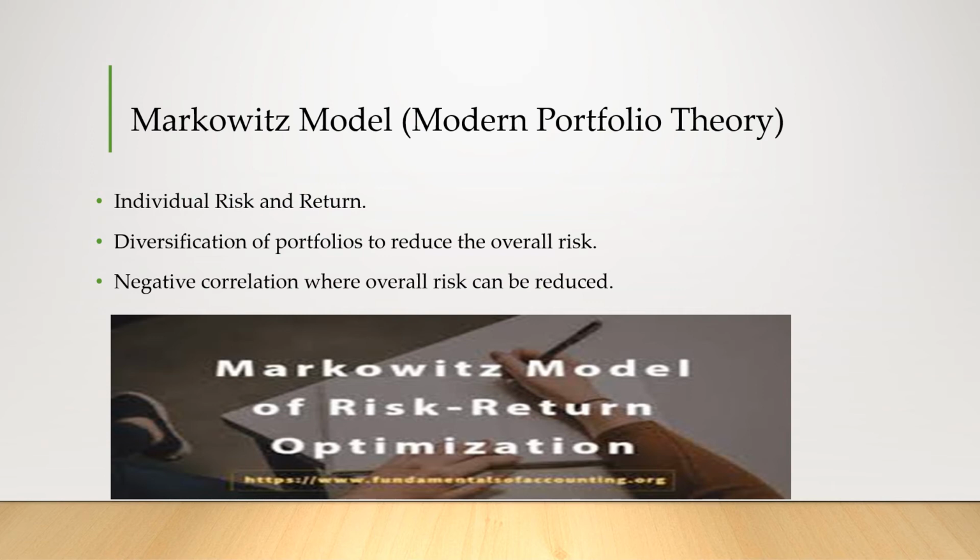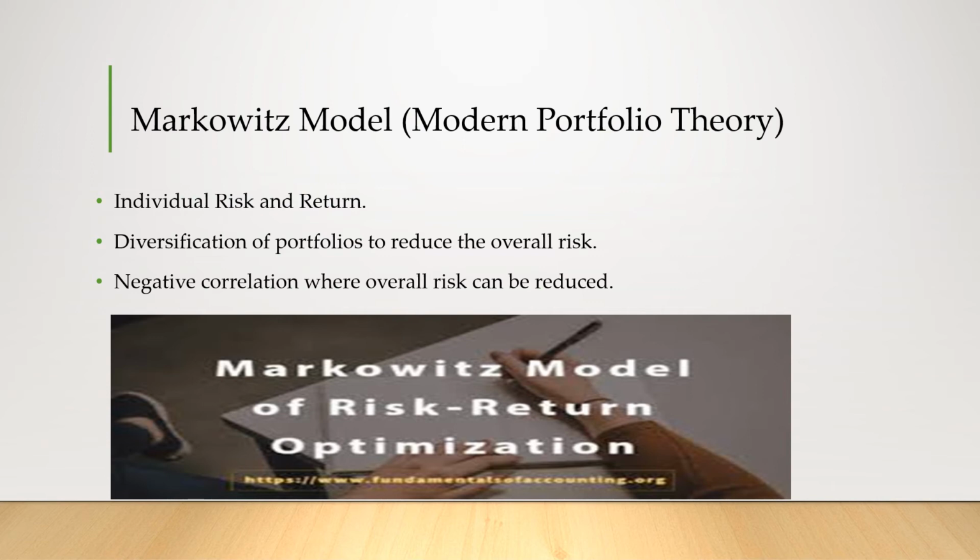Say suppose Infosys shares have risen, the value of the shares has risen. Then whenever there is a decrease in IOC or BPCL shares, it is nothing but a negative correlation.